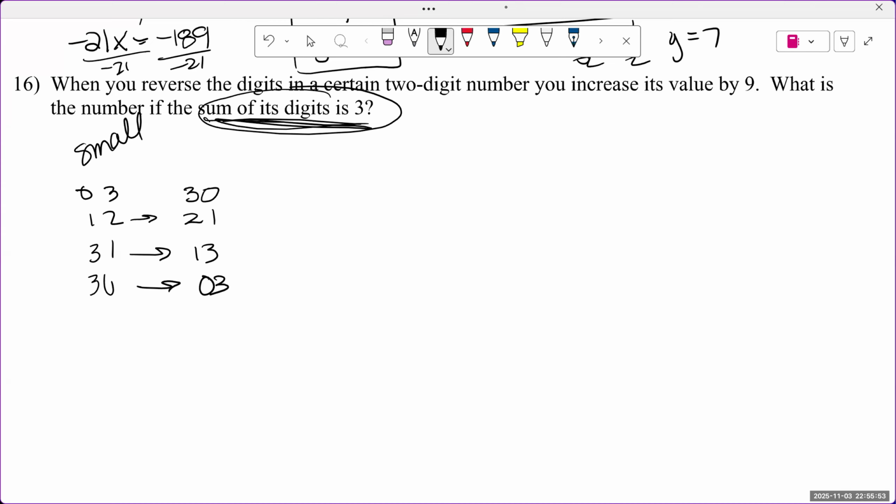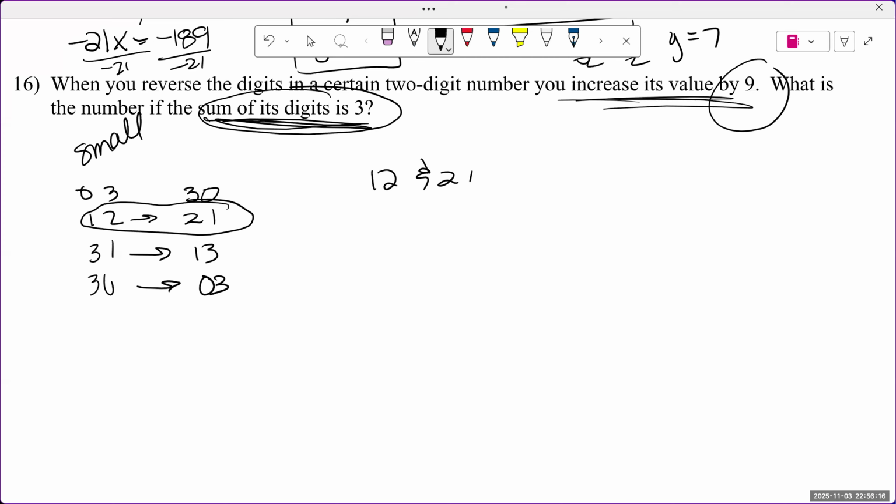So which pair is it? When I reverse the digits, it increases the value by 9. Yeah, the sum of the digits is 3. When you change it by reversing the digits, the value goes up by 9. So we have 12 and 21.